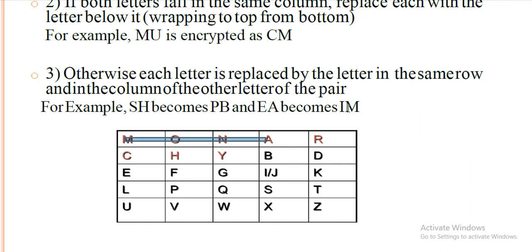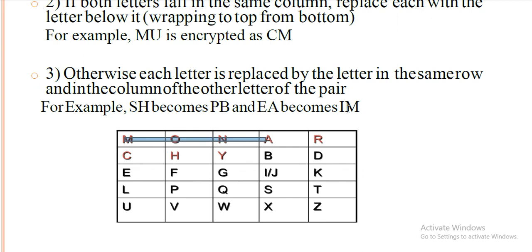The first alphabet of the pair, consider row, and the second alphabet of the pair, consider column, and whatever intersection point you find, that alphabet you write down, right. The same way for the second alphabet of the pair, you need to find the replacement.